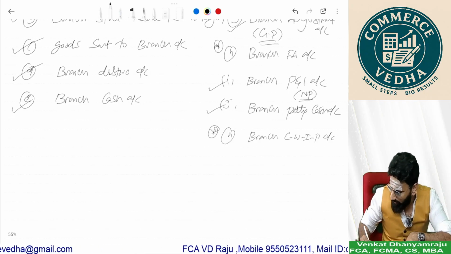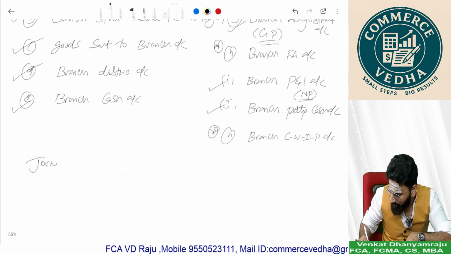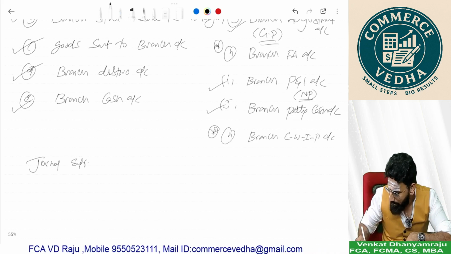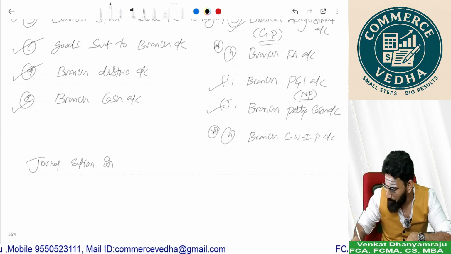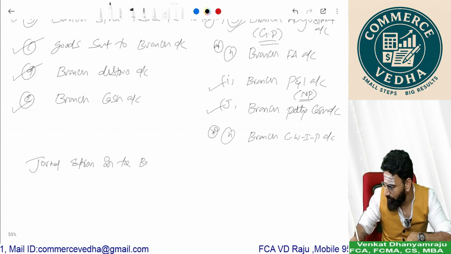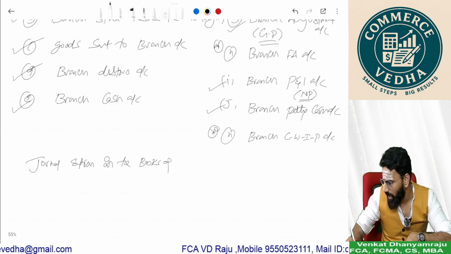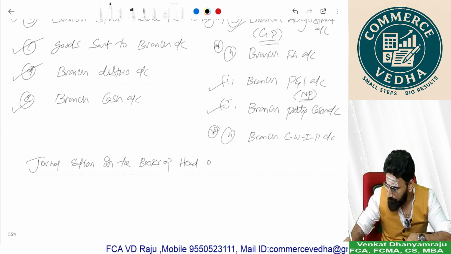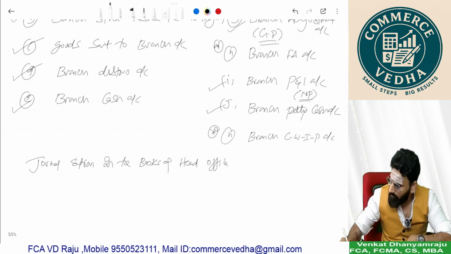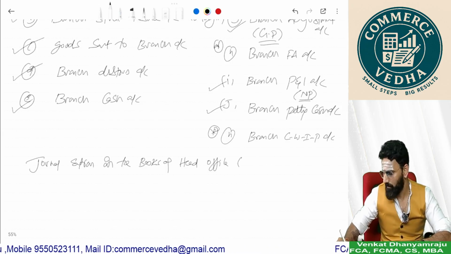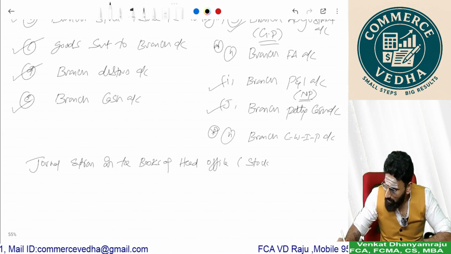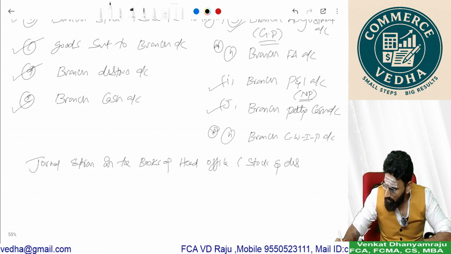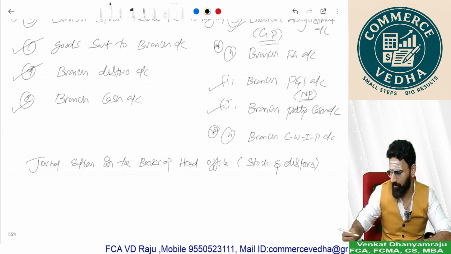So, we'll write journal entries in the books of head office. Which method? Stock and debtors method.